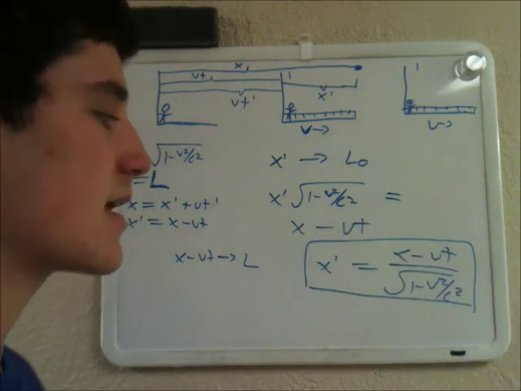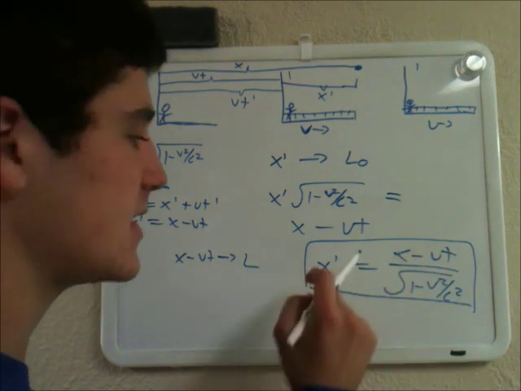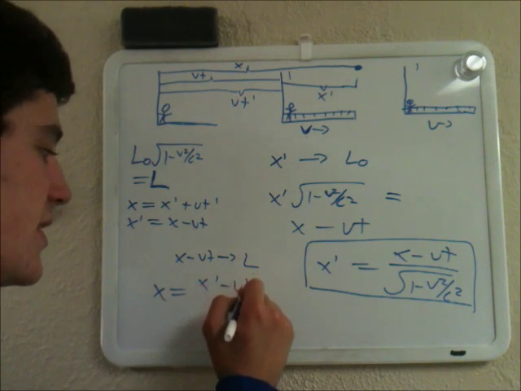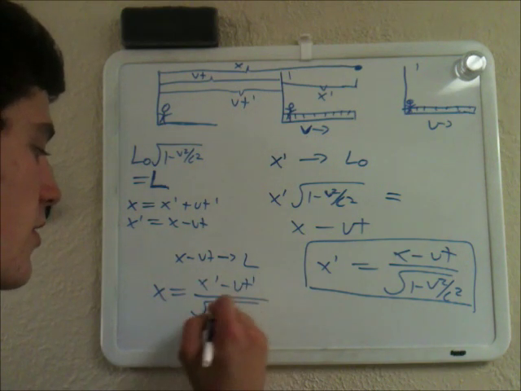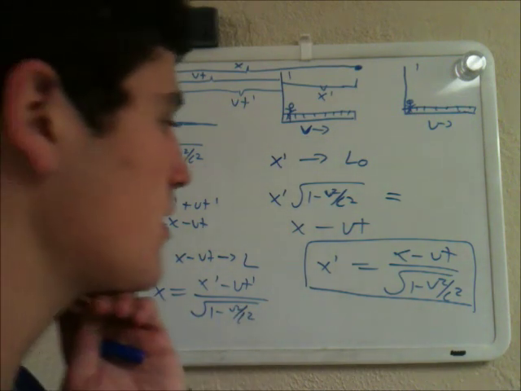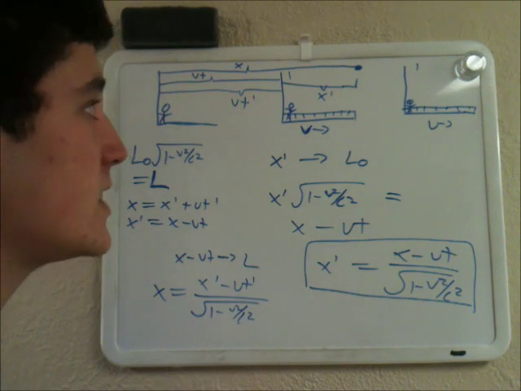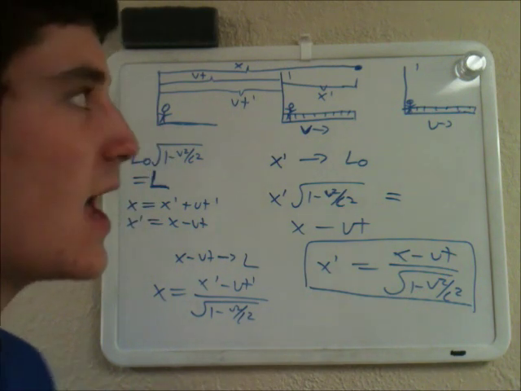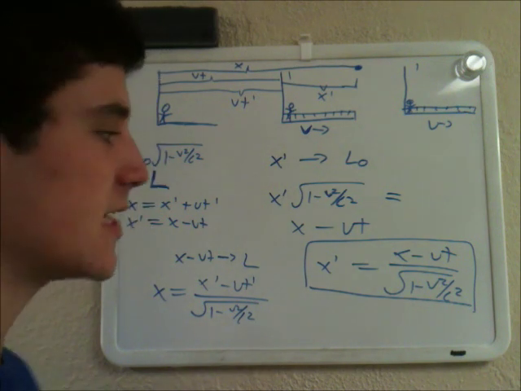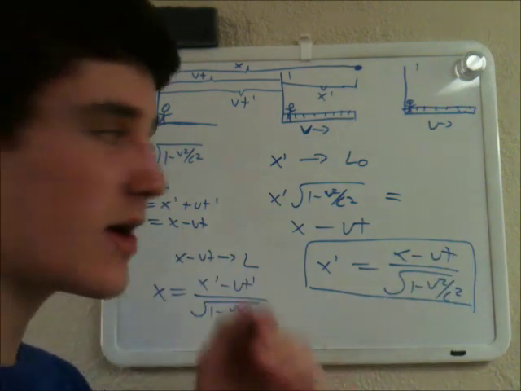Again, if you're converting from x and t to x prime, we have x equals x prime minus vt prime over the square root of 1 minus v squared over c squared, for our other version. This is the main version though that you'll see. And if this is made in an interval of 0 time, then this value goes away, and it just reduces back to the length contraction.